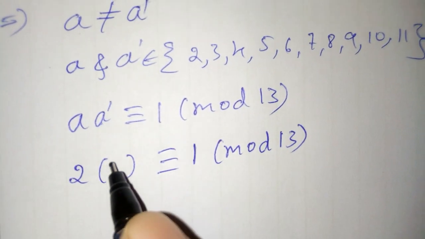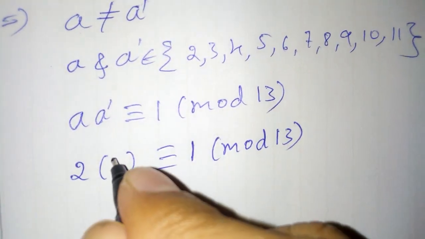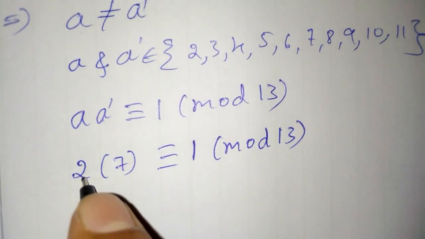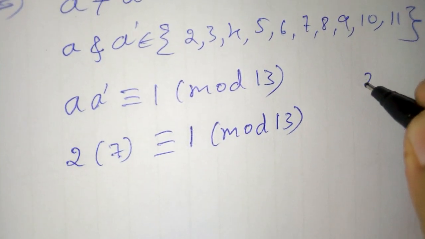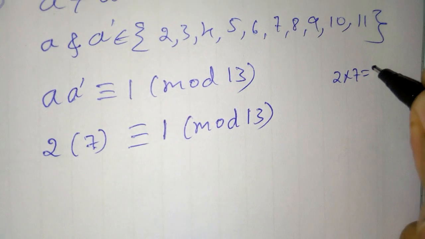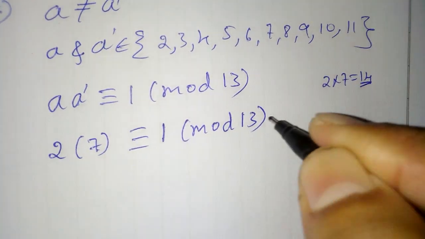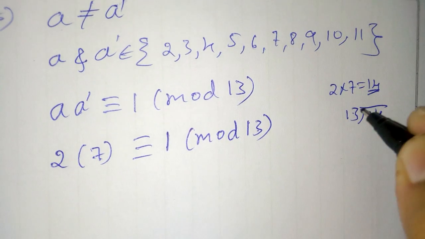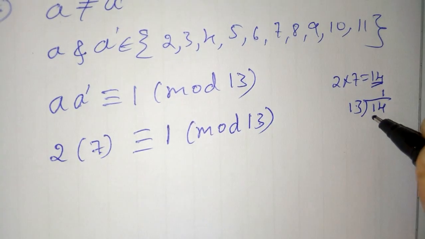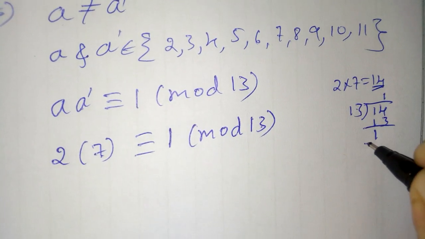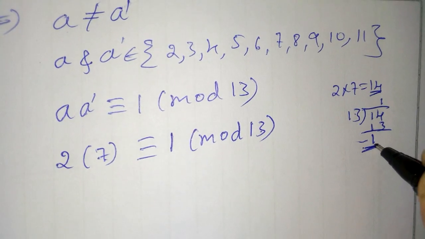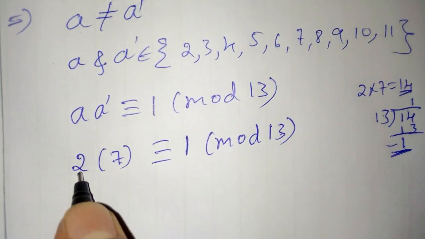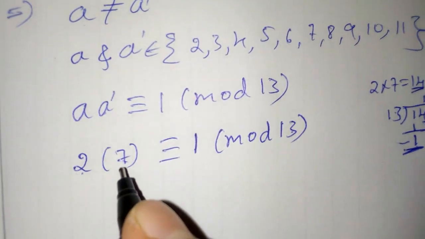If we consider 7, then 2 into 7 is 14. If we divide 14 by 13, we get remainder 1, because 13 into 1 is 13. We get the remainder 1. This is important. So 2 into 7 is convenient.